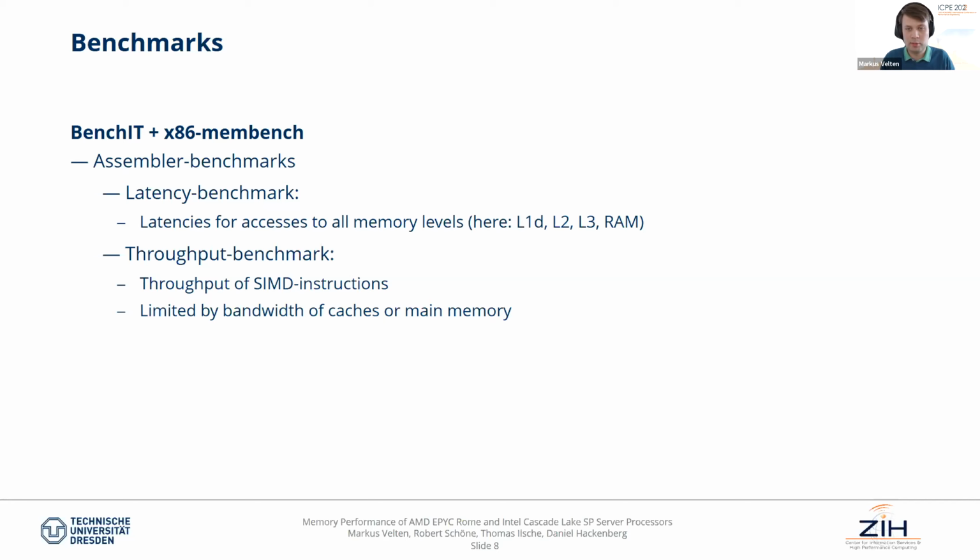And we had a throughput benchmark which measures the throughput of SIMD instructions through the floating point units. This is obviously limited by the bandwidth of the caches and the main memory. Therefore, we use that benchmark to analyze the cache bandwidth.